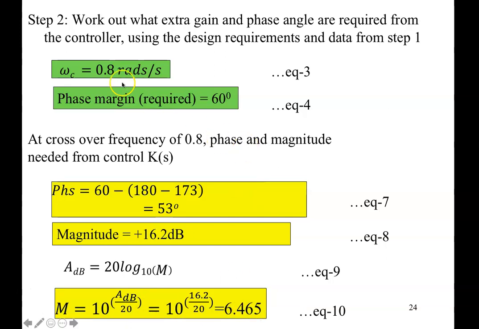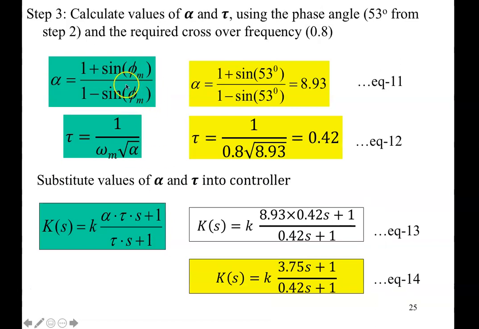Step 3, you're going to use crossover frequency and required phase angle to work out alpha and tau value. We want 53 degrees. That will give us the alpha value. We want 53 at 0.8 radians per second. This will give us the tau value.